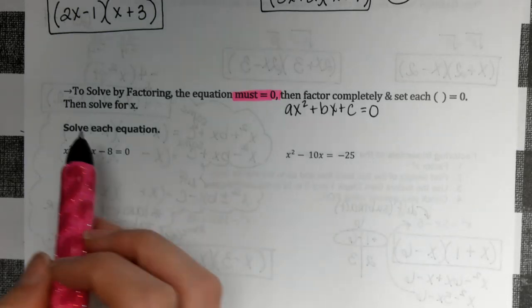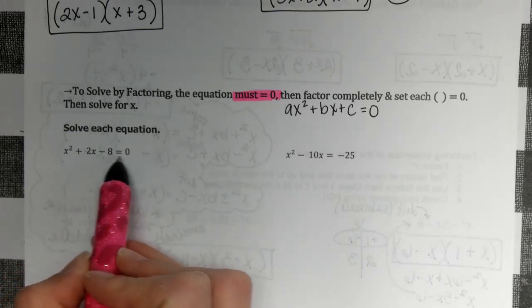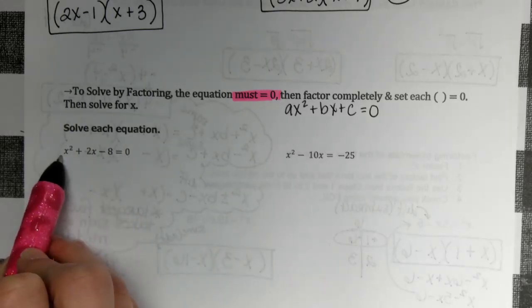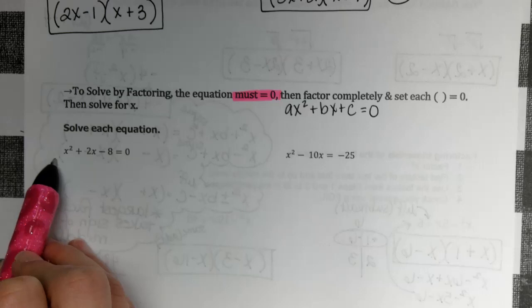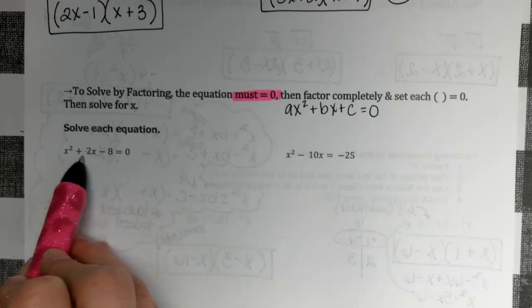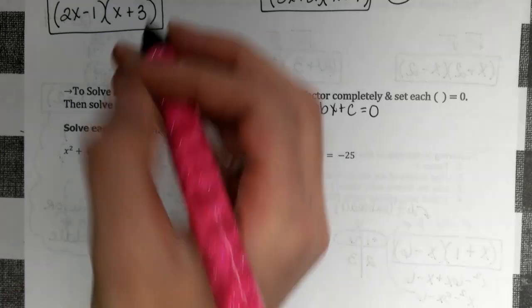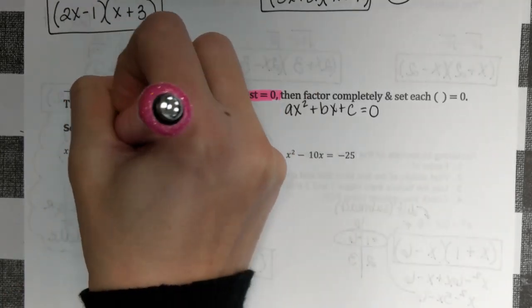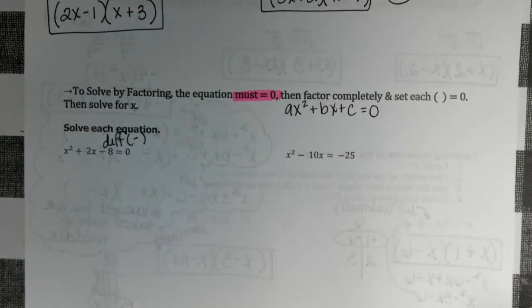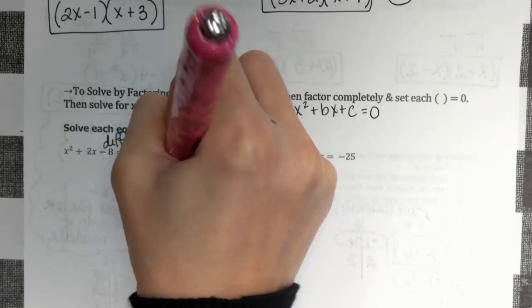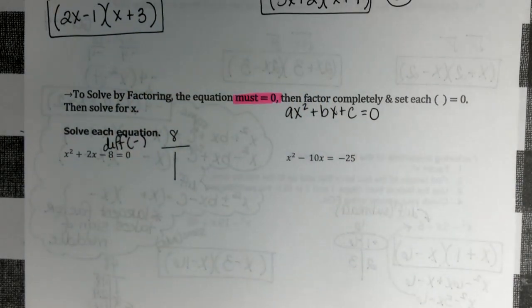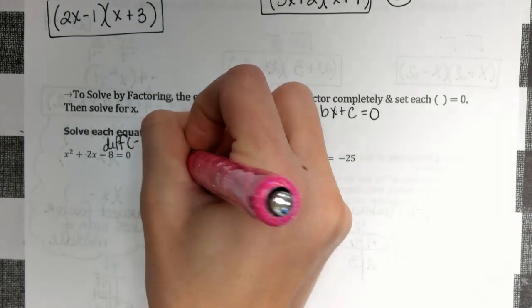Okay, so if I have x squared plus 2x minus 8 equals 0, I do not have a coefficient in front of x squared. So I just find factors of 8 that will give me a 2. Are they going to be the same or different signs? Different, because that 8 is negative. So I'm going to subtract my factors. Factors of 8 that subtract to give me 2 would be what? 2 and 4.